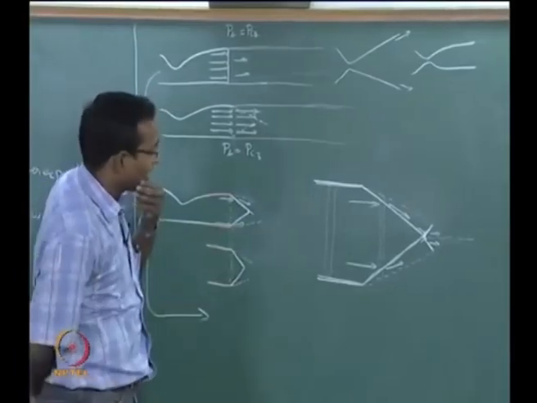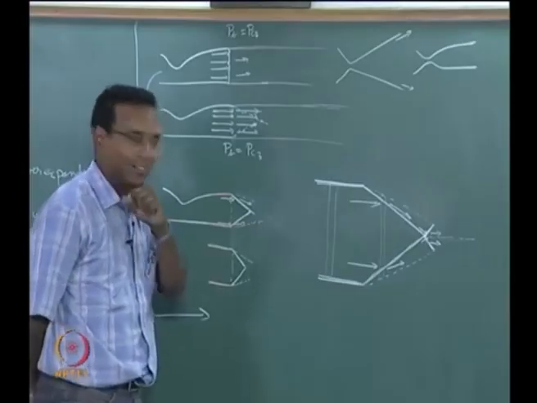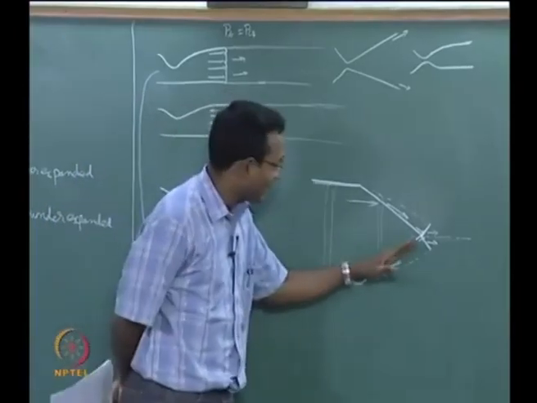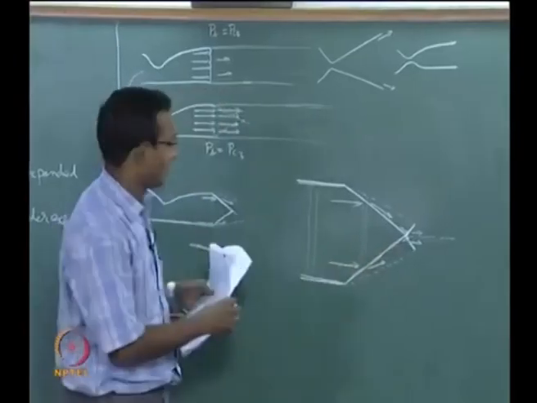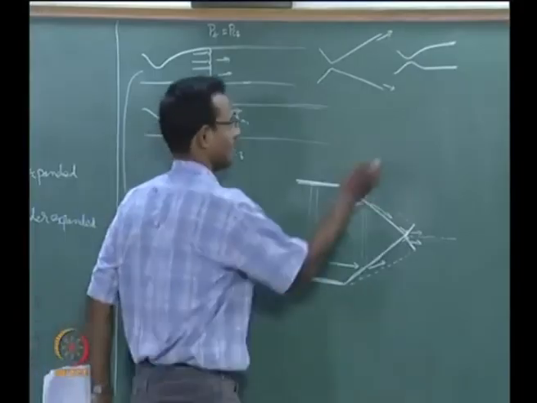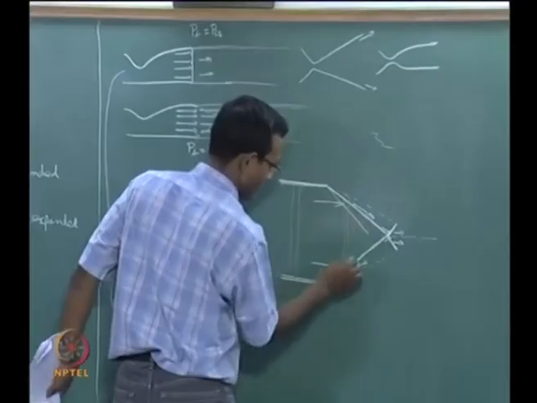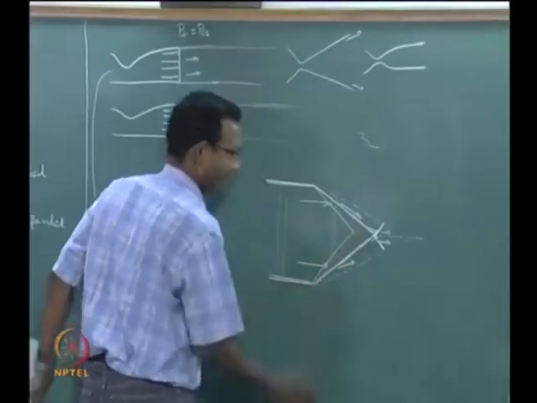Now, what if I increase my back pressure a little more? What will happen if I increase my back pressure? This angle will increase. Okay. Let us say I have one more color here, I will use green, I think it will work. I will draw another sharper shock.